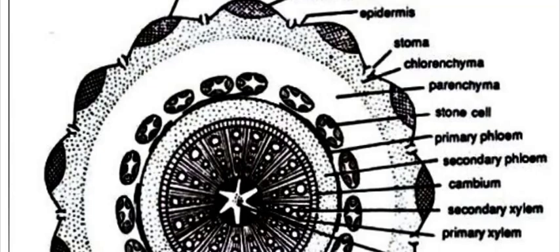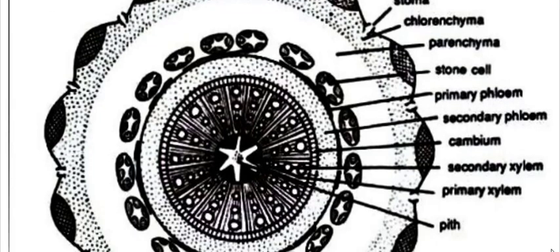In this diagram we can see the production of the cambium ring during secondary growth. The cambium ring is produced by the production of the cambium in between the vascular bundles, and in this way a continuous cambium ring is produced.